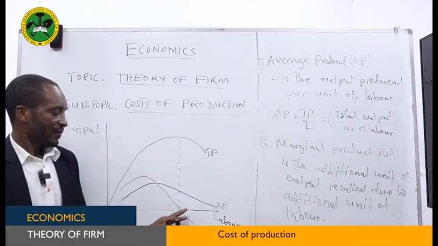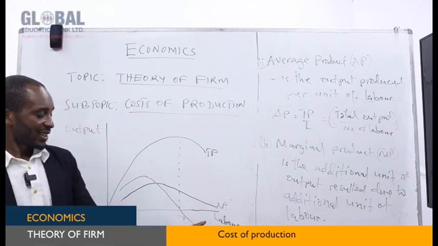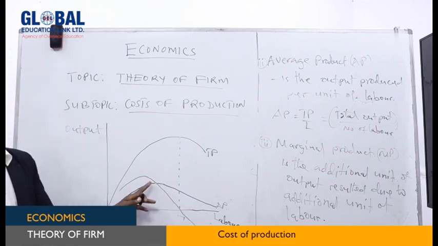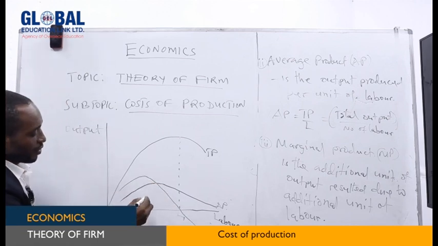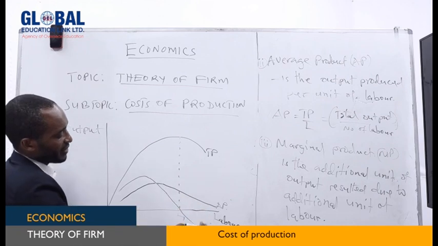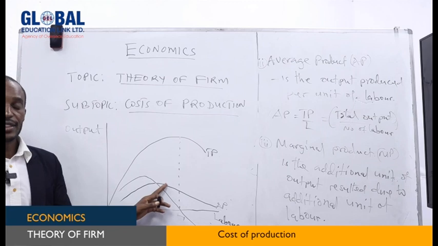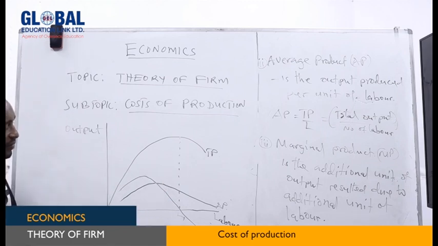So when the average product and the marginal product curves intersect, the average product is at a maximum.